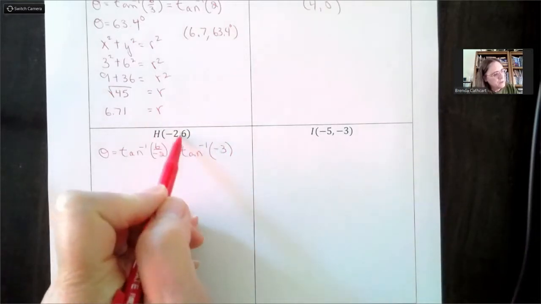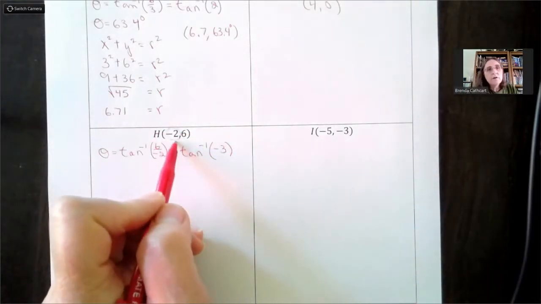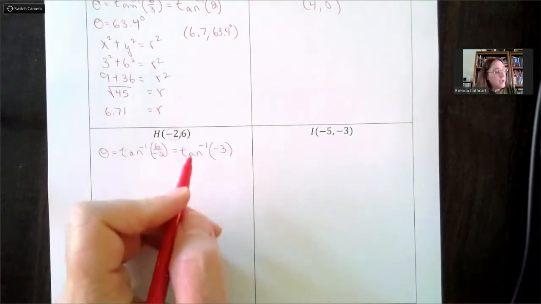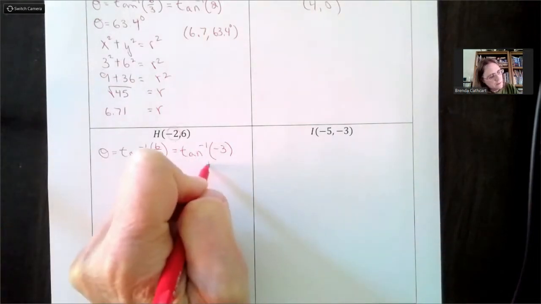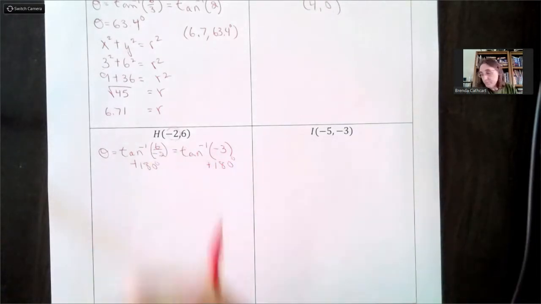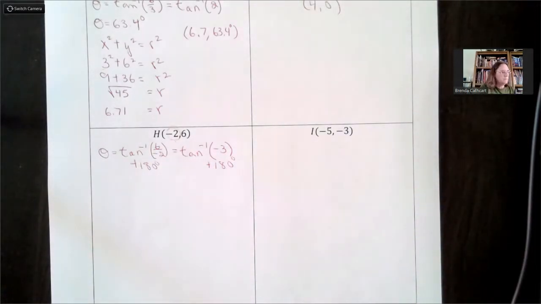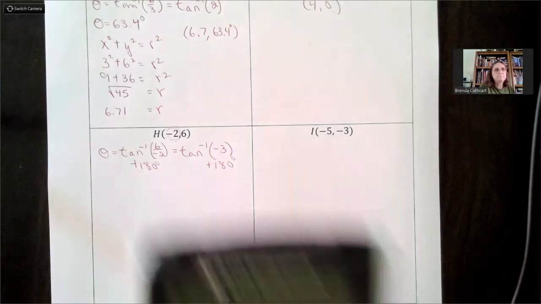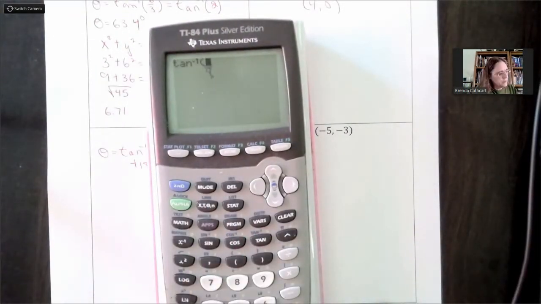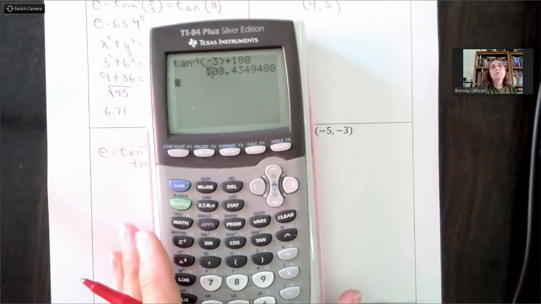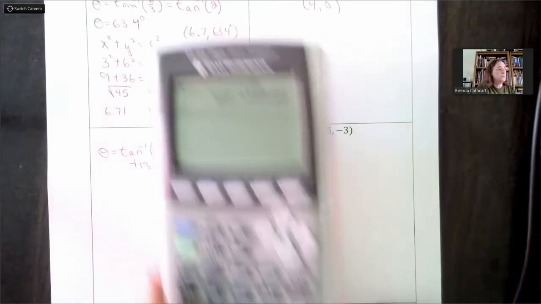Notice that our x-coordinate is negative, so we're going to have to add 180 degrees to get this angle. So let's do that. We have tan inverse of negative 3, and we add 180 degrees to it. That gives us an angle of 108.4 degrees.